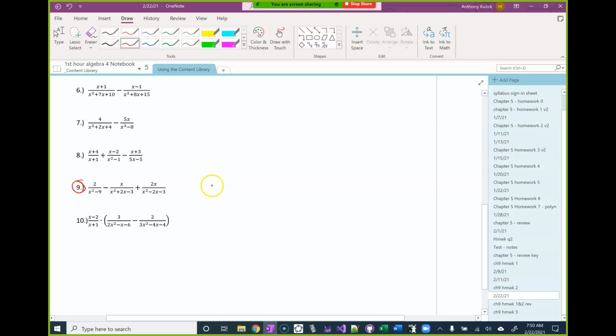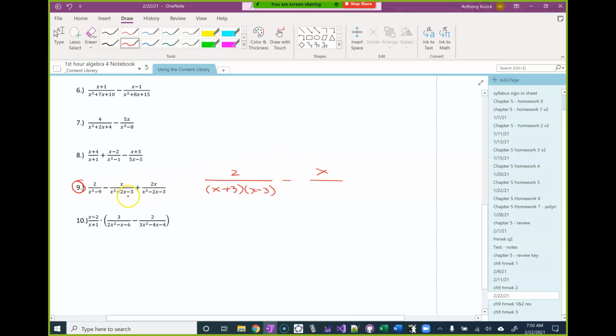So the first thing that I'm going to do is start by factoring really everything I can, but in the case of 9, that's really just the denominators. So x squared minus 9 is a difference of two squares.